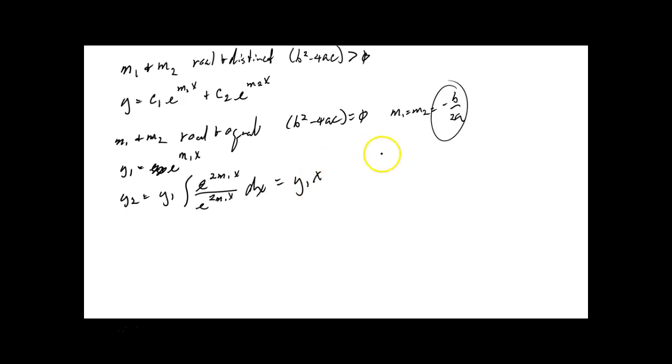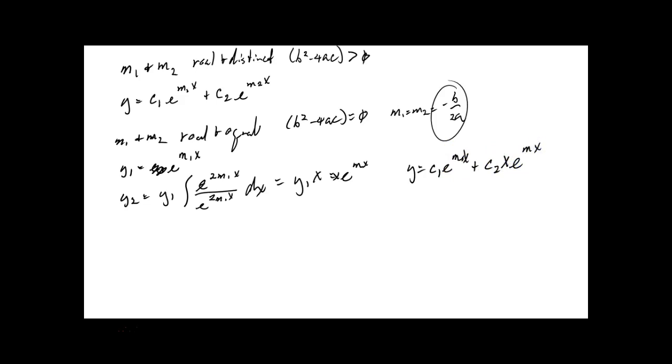But your y1 was e to the mx, times x. So I'm going to put the x in front. So there is your second solution. So your general solution then is y is equal to C1 e to the mx, there's only one of them, plus C2 x e to the mx. Okay?